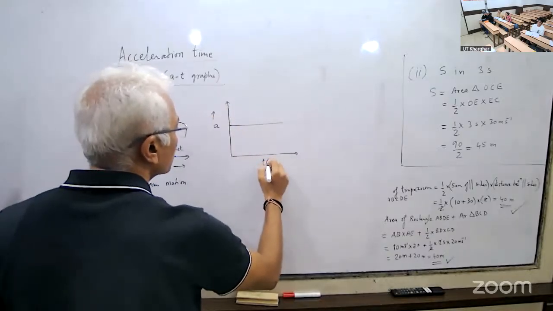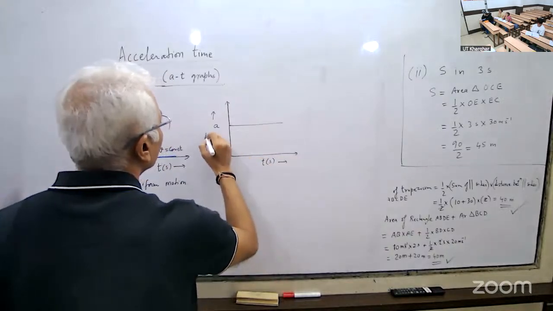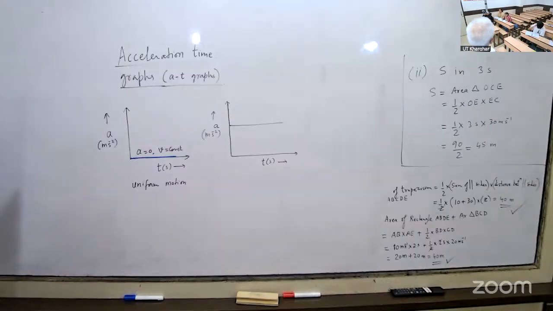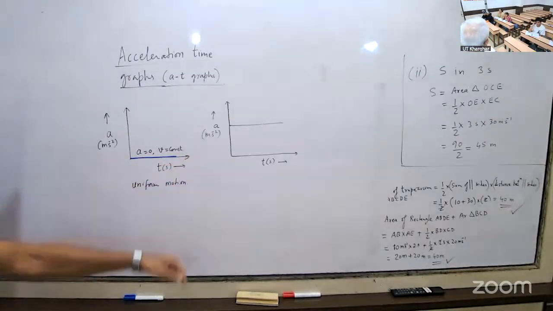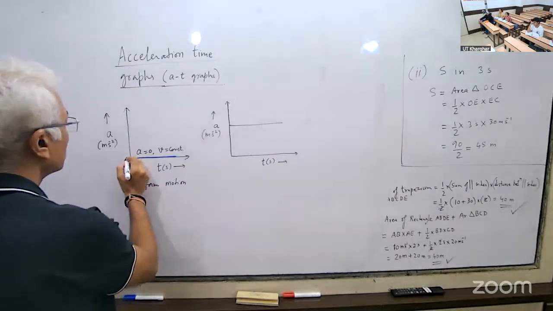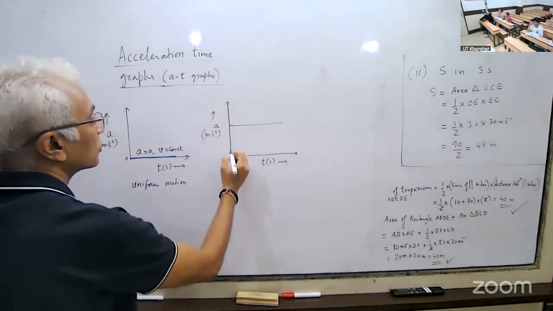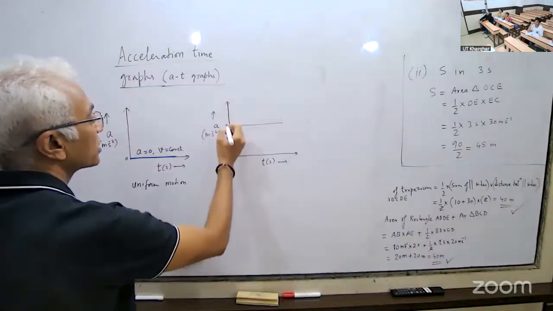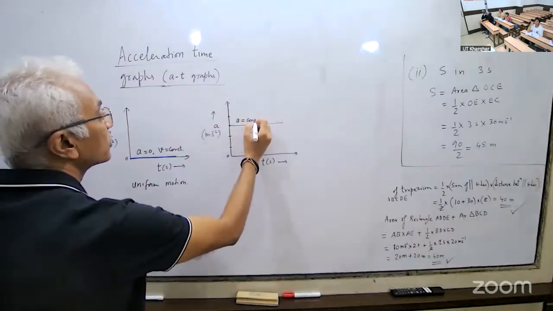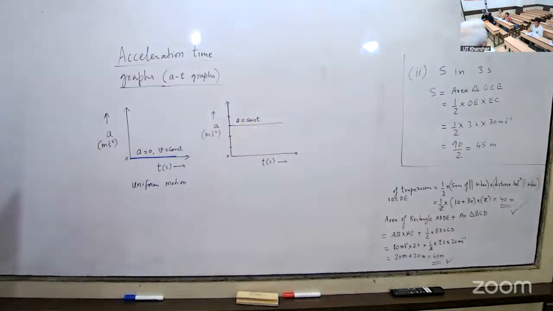What graph is this? Is A 0 in this case? And what is this? Is A 0 or does it have some constant value? A is equal to constant. What motion is this?